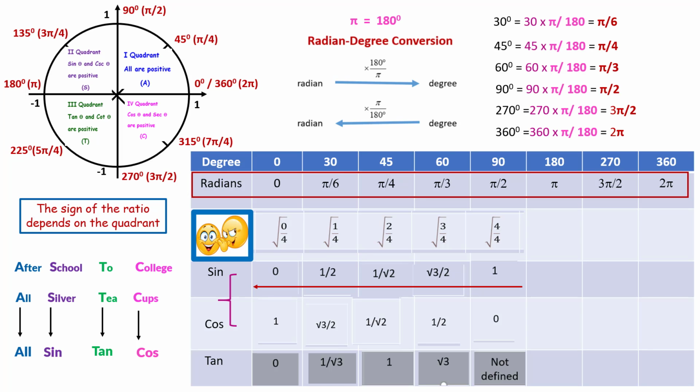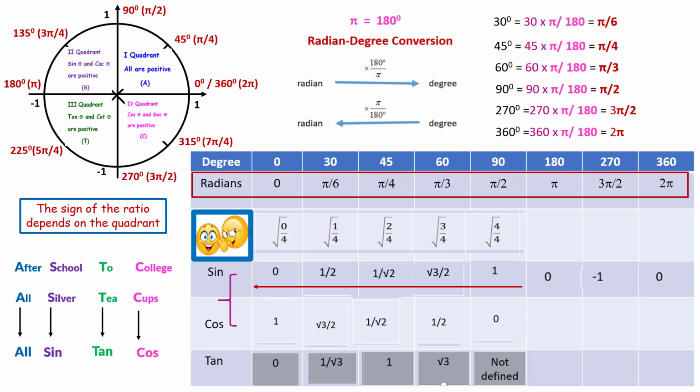Now we know that certain trigonometric ratios are negative in certain quadrants. Based on this, we can find the remaining angles from 180 degrees to 360 degrees. Sine is positive in the first and second quadrants. Therefore, sine 270 will be -1.